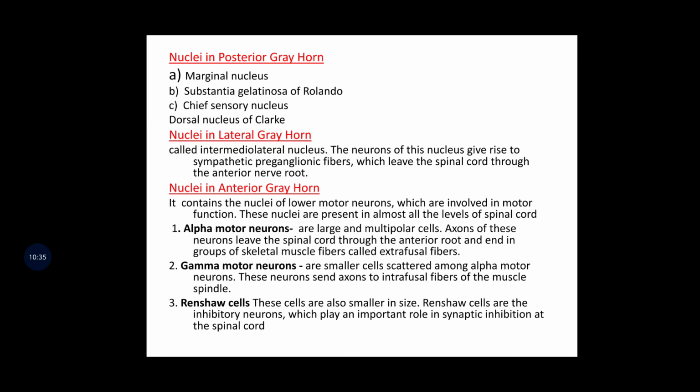The gamma motor neurons are smaller cells and they are scattered among the alpha motor neurons, and they send axons to the intrafusal fibers. Then we have the Renshaw cells, and these cells are also smaller in size, and they are the inhibitory neurons. We have already discussed Renshaw cells. So these are the three types of cells present in the anterior grey horn.